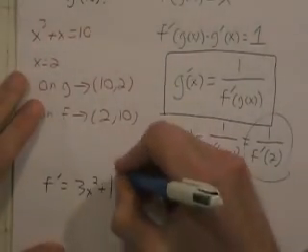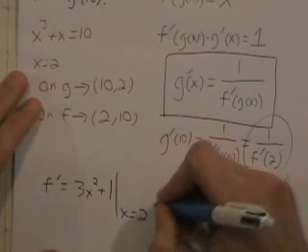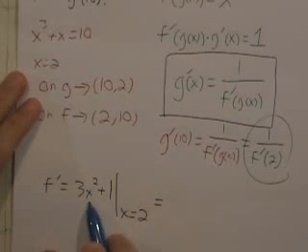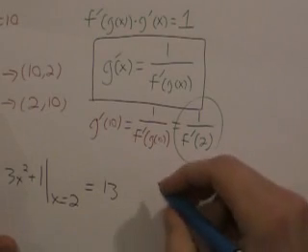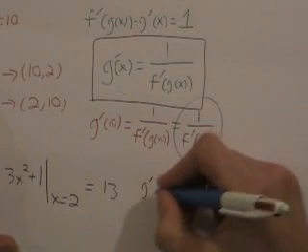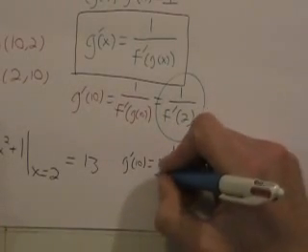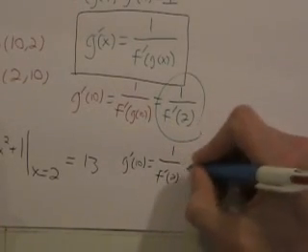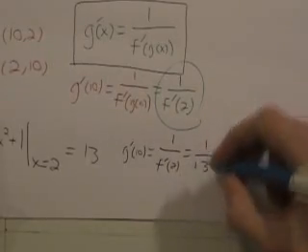All we have to do is plug in x equals 2 for that. That'll give you 2 times 2 is 4, times 3 is 12, plus 1 is 13. And according to the method, all that you have to do is flip that. So g prime of 10 is 1 over f prime of 2, which in this case happens to be 1/13.